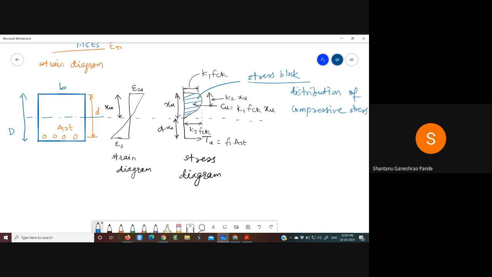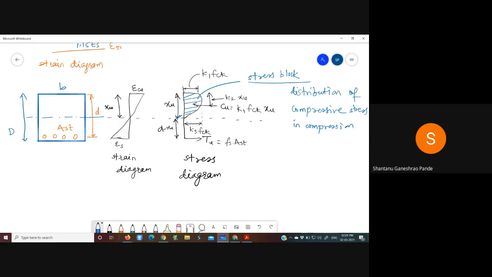Up to which depth? xu, because the compression zone is limited to the neutral axis only. So this stress block is nothing but the block or zone which gives you an idea about the distribution of compressive stress in the compression zone, right?